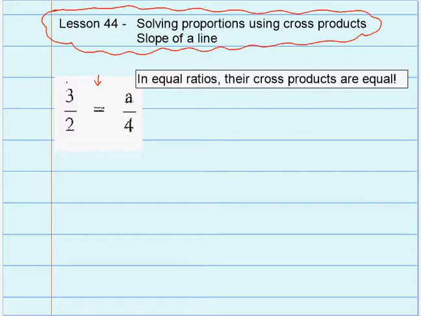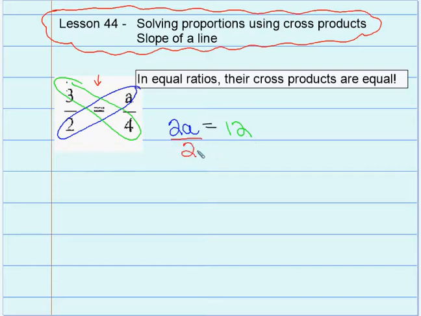What you can do is multiply diagonally, the cross products, and you'd say 2 times a, and that would equal, let's multiply the other direction, 3 times 4, which is 12. And then we use the inverse operations to solve for a. So we would divide both sides by 2, and we would get a equals 6.